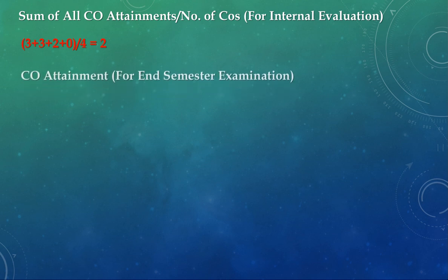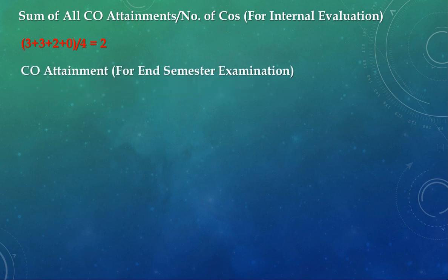Now, for the end semester examination, we have seen earlier that the attainment level is 3. Suppose from the course end survey, we generate an attainment level of 3 from the students. That is, by supplying the students with a questionnaire after each course and calculating the scores they give themselves, we arrive at the attainment level of 3 from the course end survey.